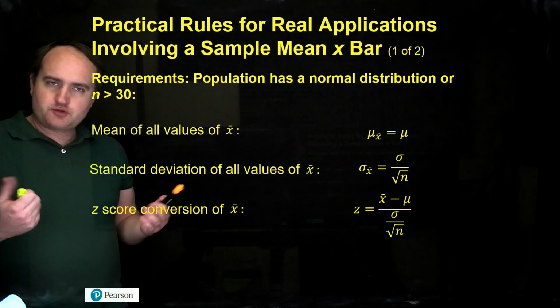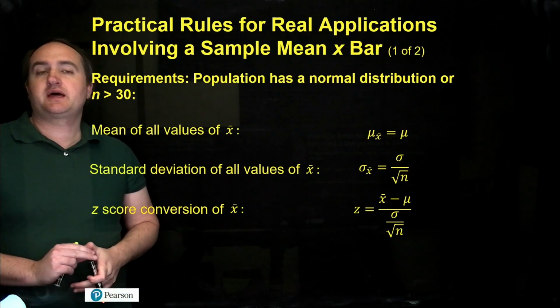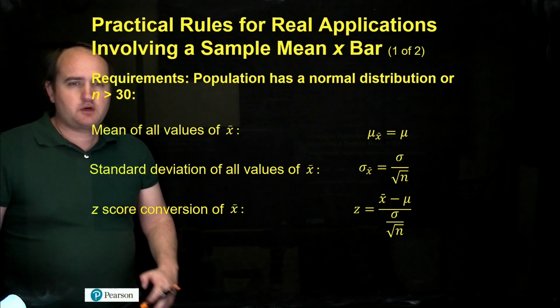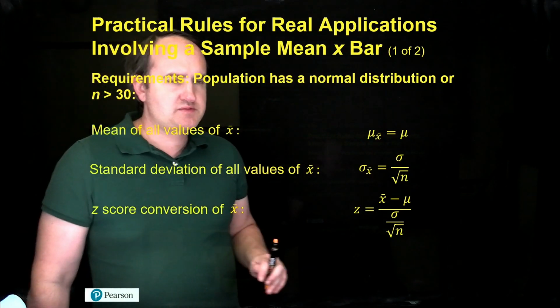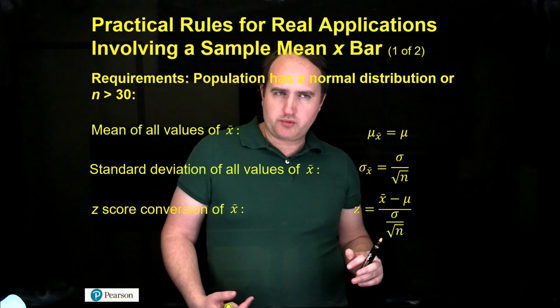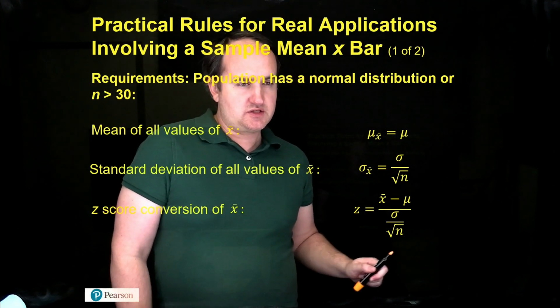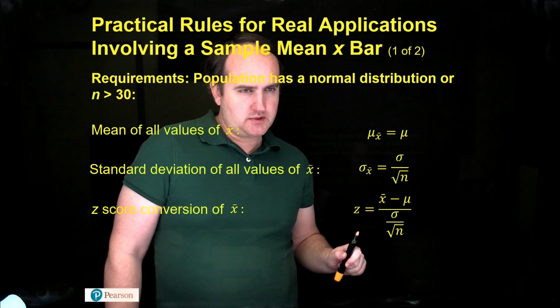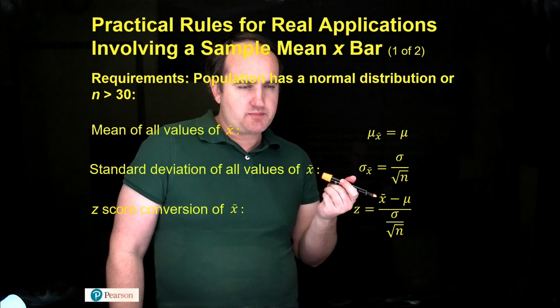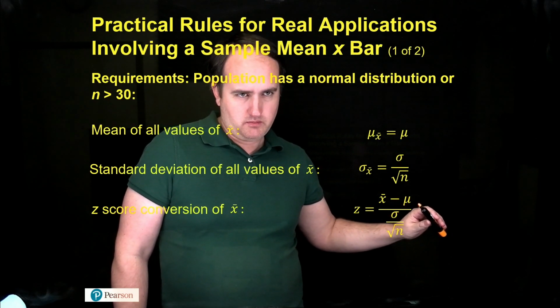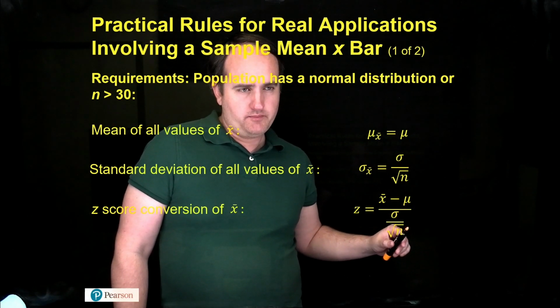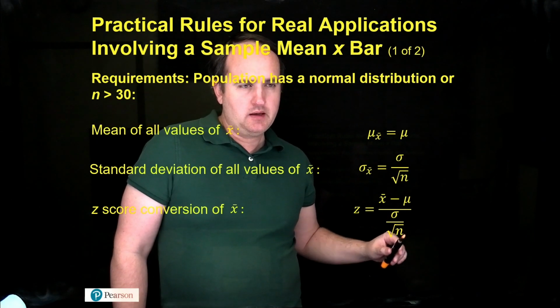So recall the z-score formula that we've seen multiple times in this course. So the z-score conversion for x bar is just the same formula we've been dealing with. It's just we have a square root of n in the bottom here. So z equals x bar minus mu all over the standard deviation.